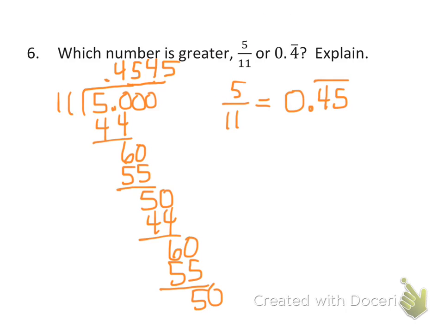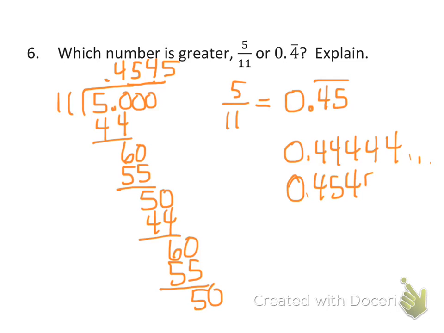And so, which is bigger? 0.4444 and so on, or 0.4545. So we can tell by looking right at this decimal place. The 4/10 are the same, but 4/100 is less than 5/100. So I know that 0.4 repeating is less than 5/11.